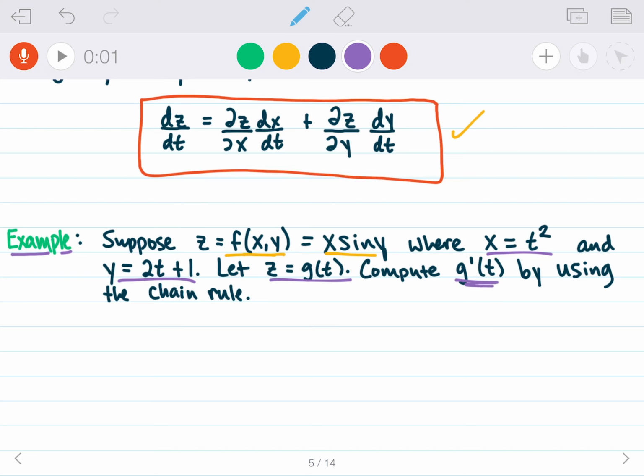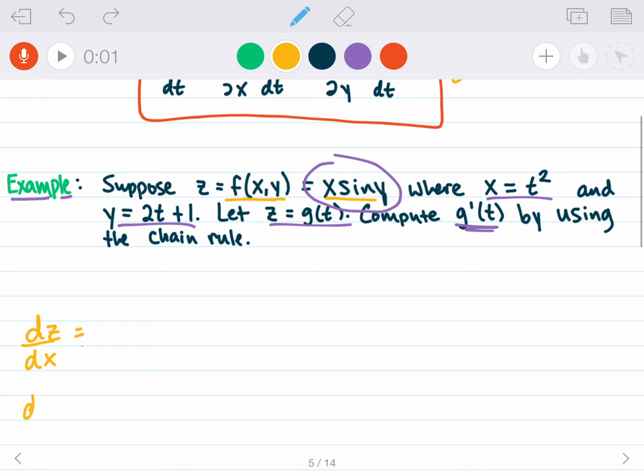Alright, so let's go ahead and do that. We're trying to find dz dt, or g prime of t, the derivative of z with respect to t. I like to just list out what I can find. I look at my first function z, and I can find the partial derivative of z with respect to x, even though I'm not using the partial derivative symbol, that's what I mean here. I can also find the partial derivative of z with respect to y.